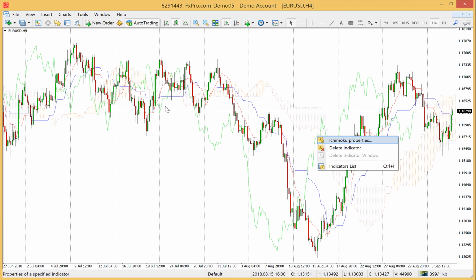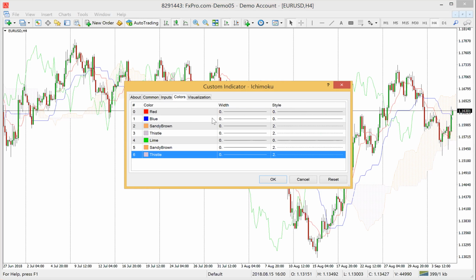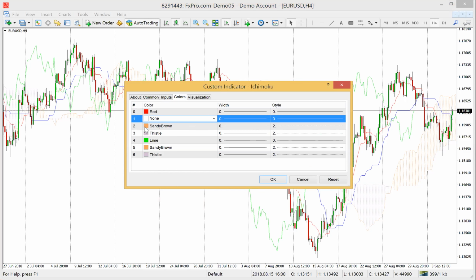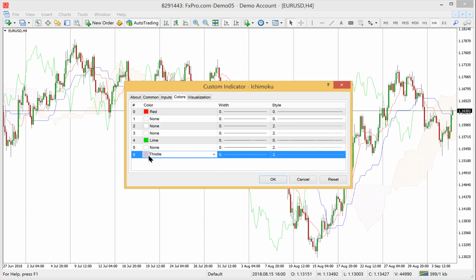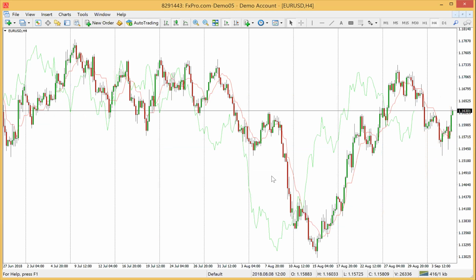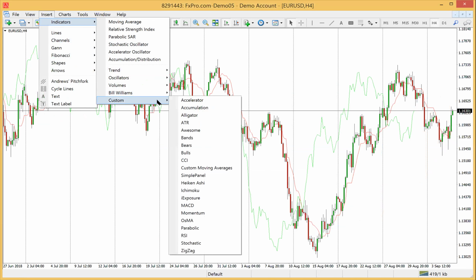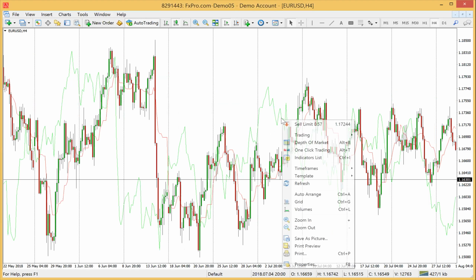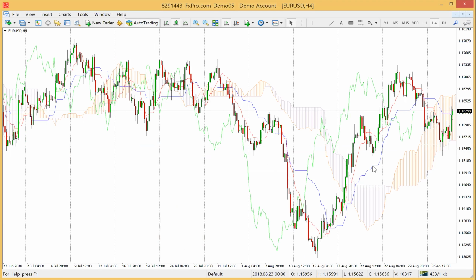So the first thing you need to do is just to clean it up a bit. So right click, properties, colors. One second. The property. So we bring in the blue.